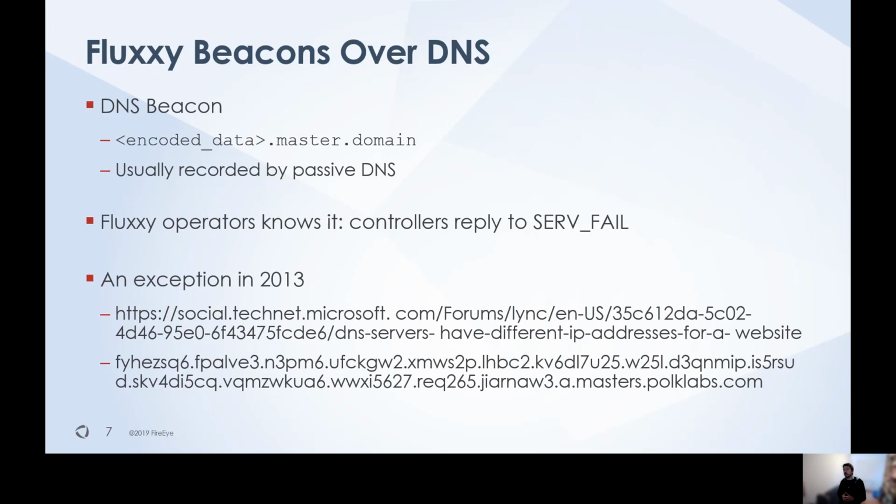So for a short period of time, all DNS requests to that master actually resolved to a valid IP address, and the DNS resolution ended up in passive DNS databases. So that's an example of a Fluxxy beacon you can find on passive DNS. That big domain with the random part at the beginning is actually the message, and the last part, masters.bulklabs.com, is a Fluxxy master domain.